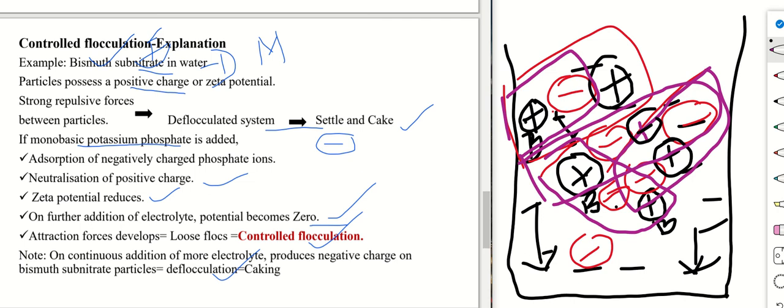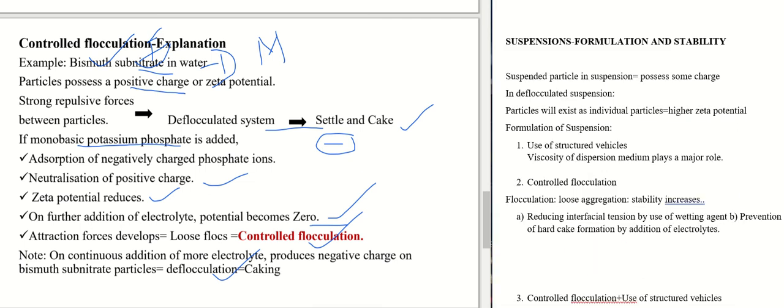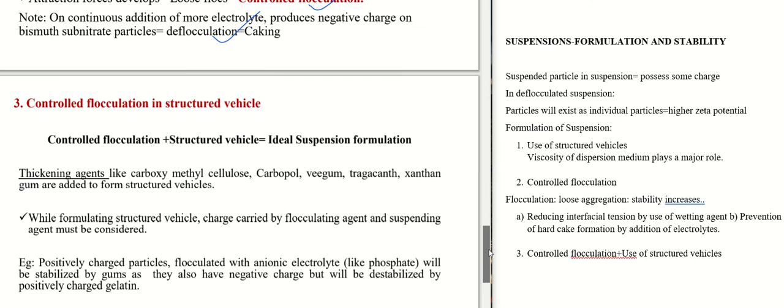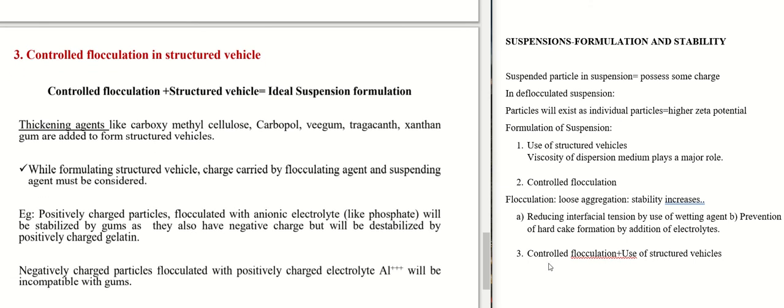So this is another way by which we can improve stability, by reducing the zeta potential. Now let's see the third strategic method to improve the stability of a suspension. The third method is the combination of the first two strategies, controlled flocculation and use of a structured vehicle. Then we can get an ideal suspension or formulation.